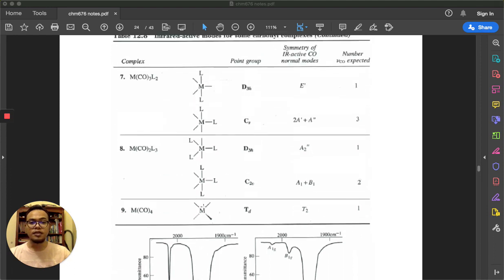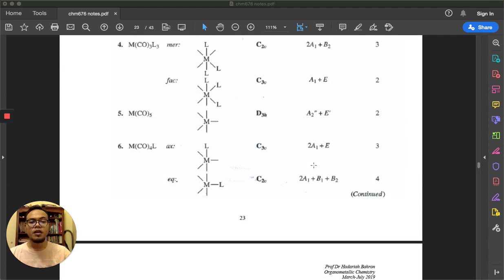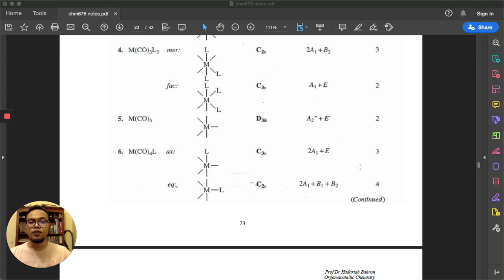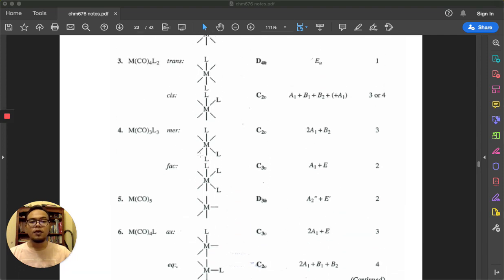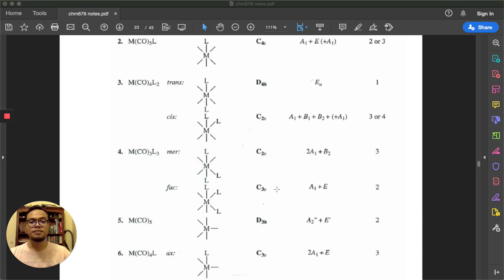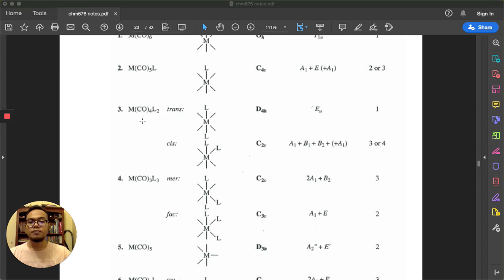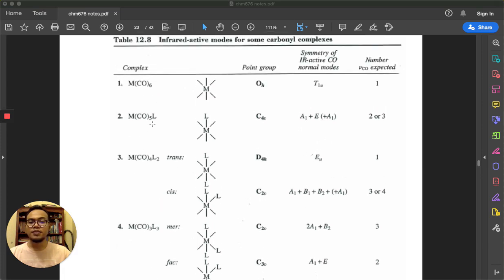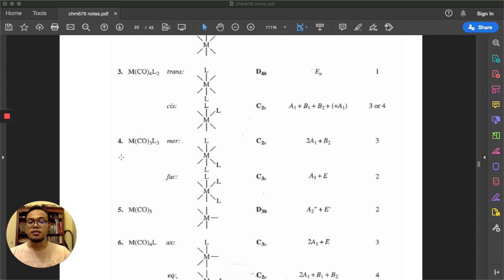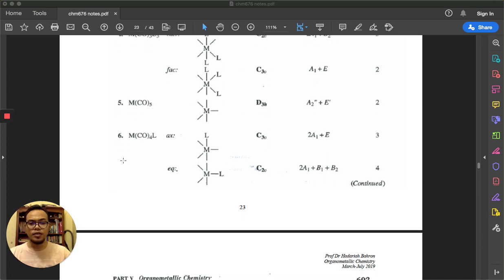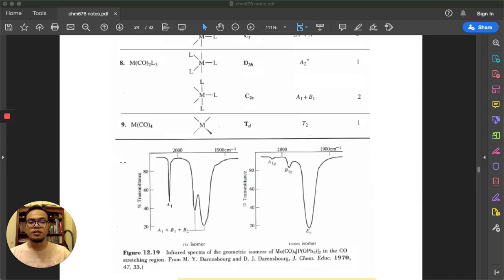It can be MCO3L2 with 3 frequencies, or axial MCO4L with 3 frequencies, or MCO3L3 mer with 3 frequencies, or MCO4L2 cis with 3 frequencies, or MCO5L with 2 or 3 frequencies. You will be given the chemical formula, so you can always figure out based on the frequencies appearing on your spectrum.